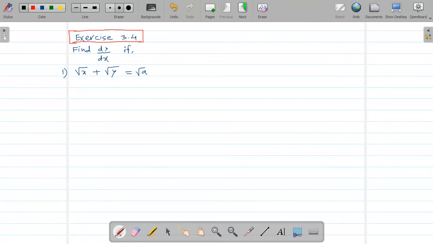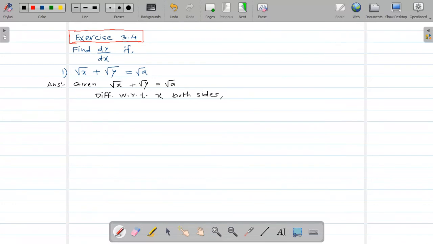In the answer, first of all, given that root x plus root y is equal to root a, directly differentiate this with respect to x, both sides. Remember, we have to differentiate both sides with respect to x to get dy by dx.